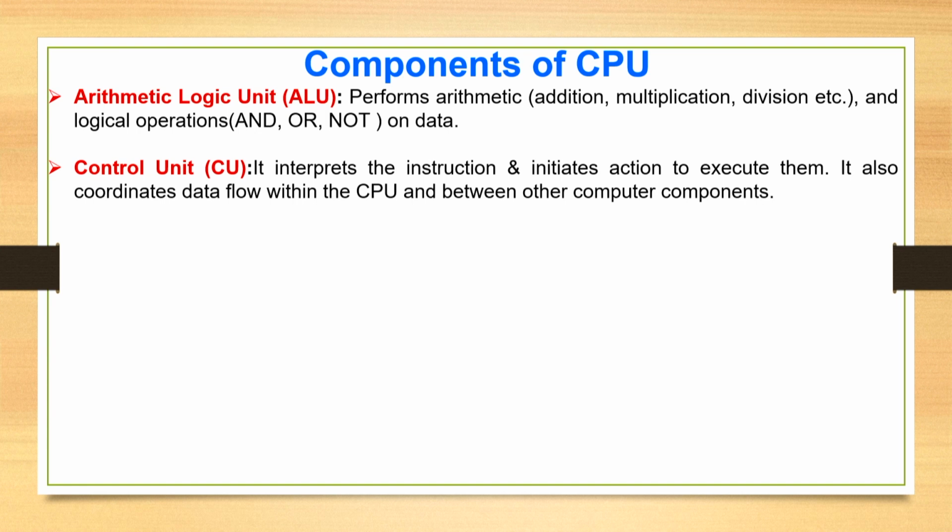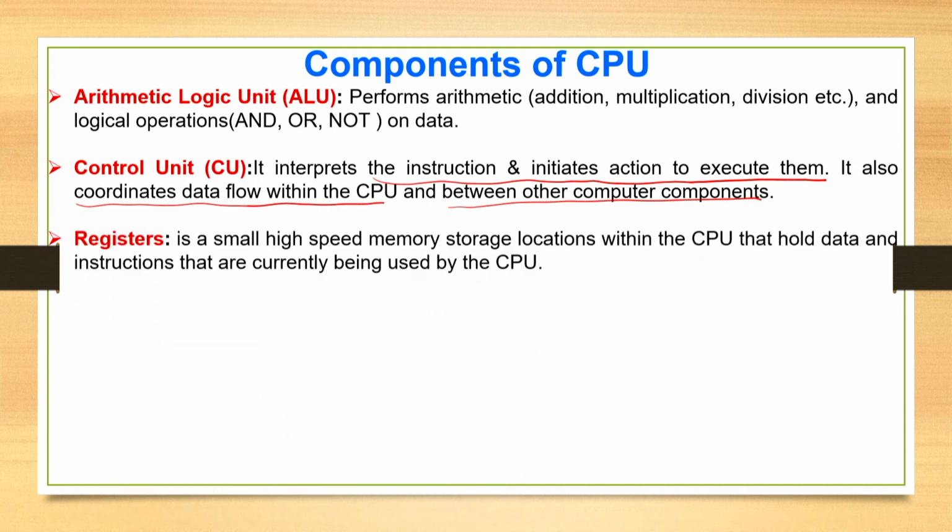Second one is the control unit that interprets the instructions and initiates action to execute them. Apart from that, it also coordinates data flow within the CPU and between other computer components.